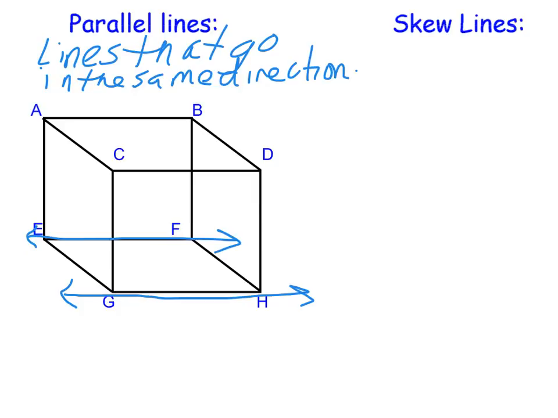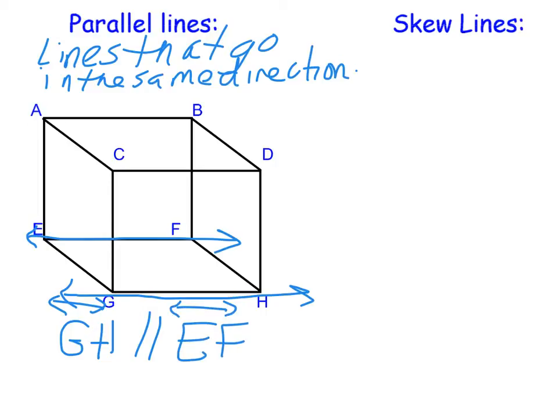They're both horizontal. Now, to write that, I say line GH, and then I use two little slanted lines, like L's, for parallel to, then EF with the line over it. Just to point out some other examples, you could have EF is parallel to line AB.